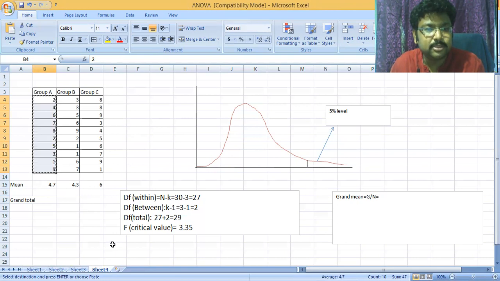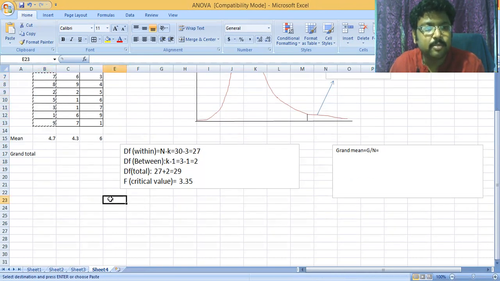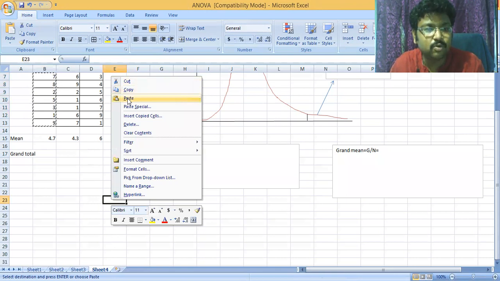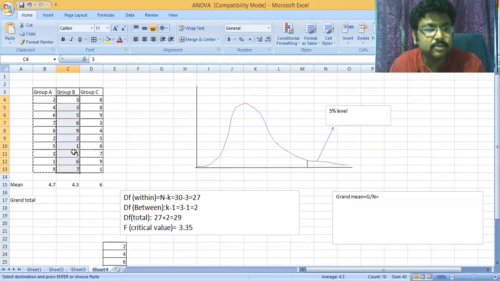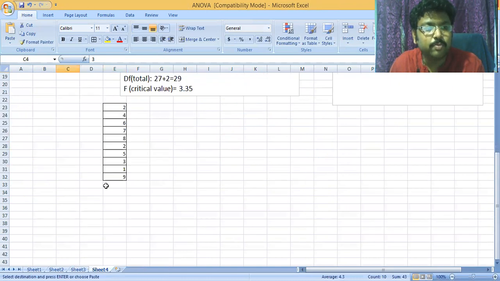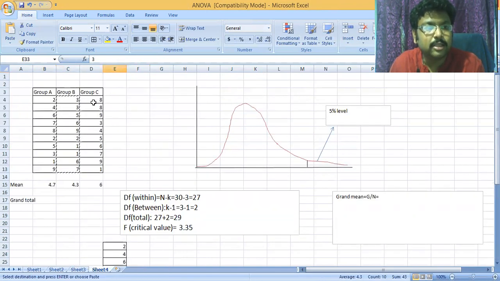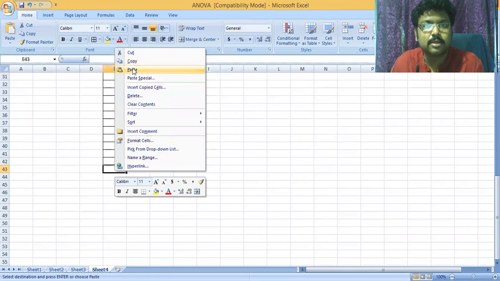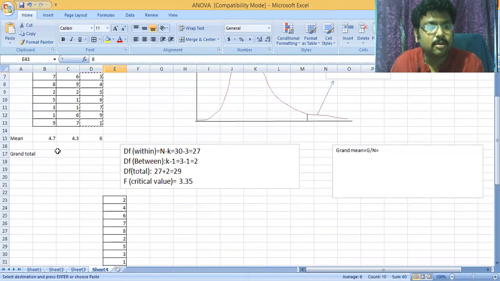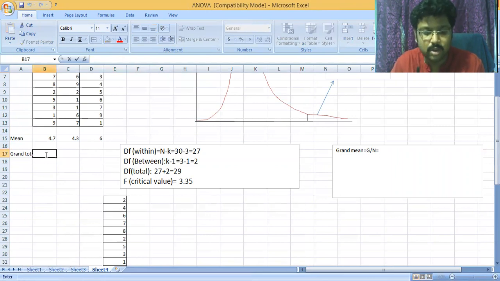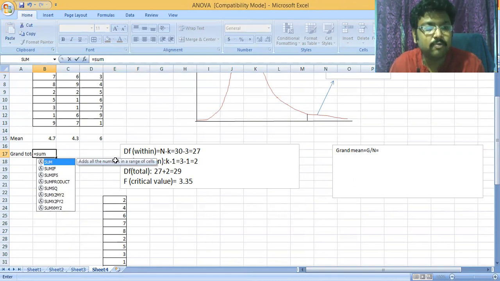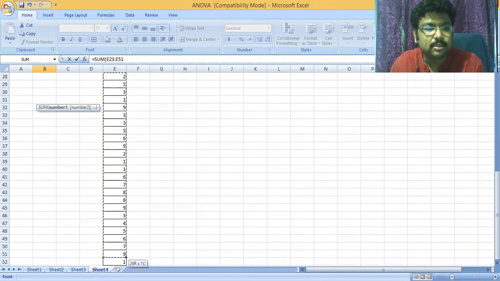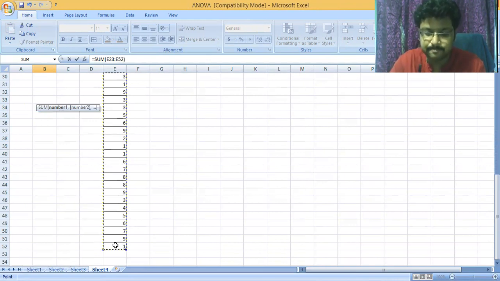I am just writing the numbers here. This is for group A, this is for group B, and this is for group C. So look, the grand total equals the sum of these numbers.